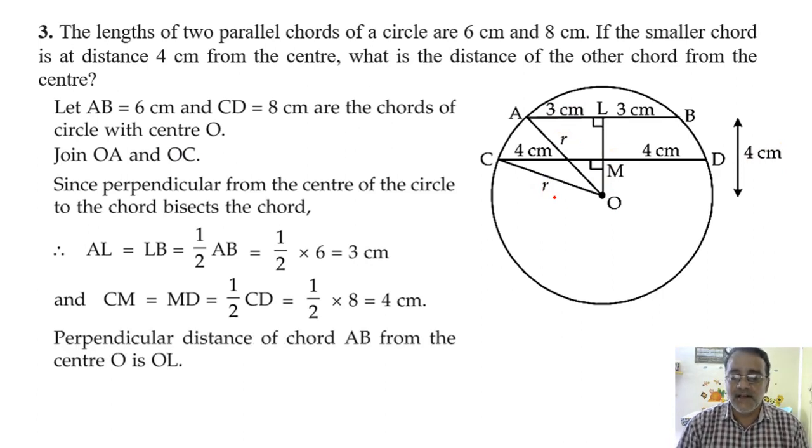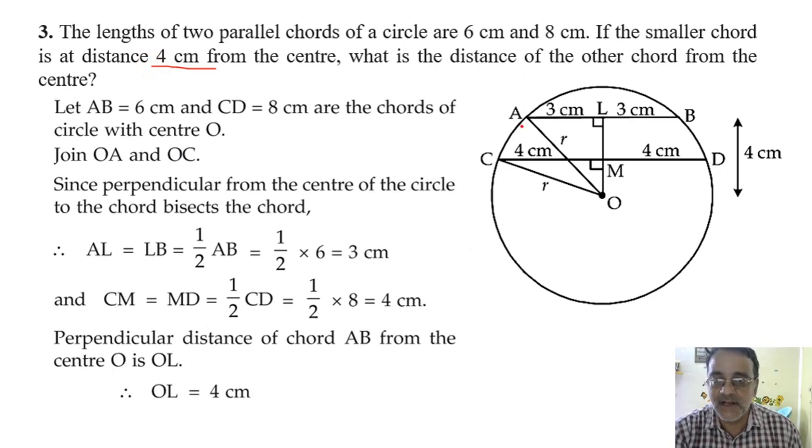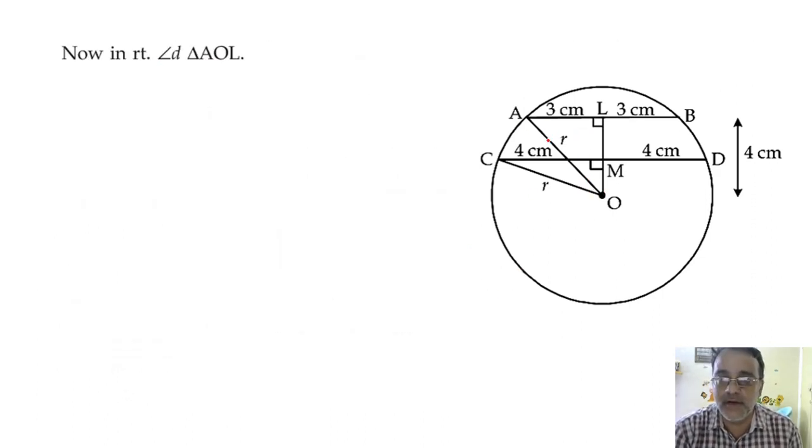Okay, let the perpendicular distance of chord AB from the center be OL, and OL equals 4 centimeter. It is given in the question. Now we are going to take this right triangle AOL. By Pythagoras theorem, what will you get? Neha?